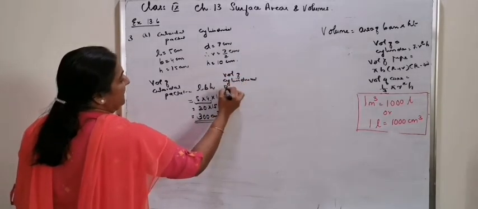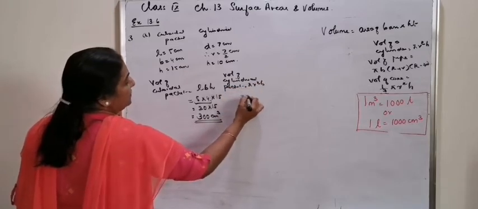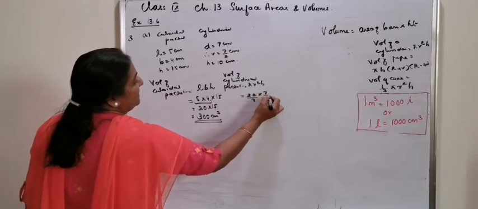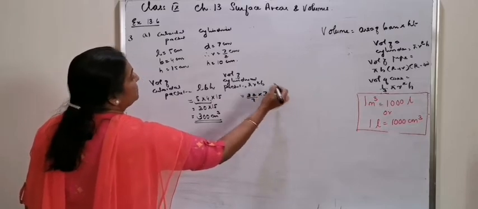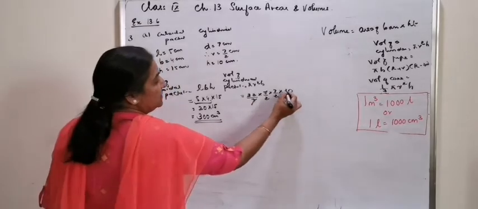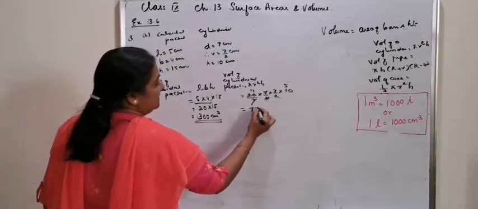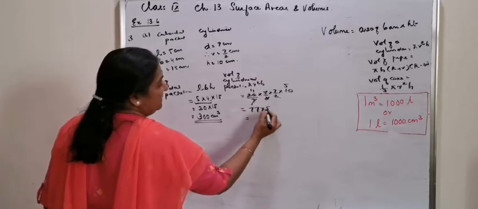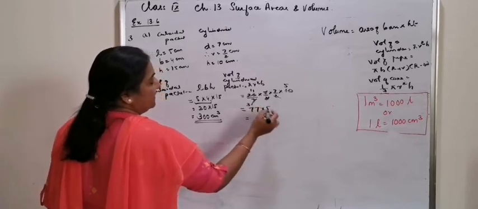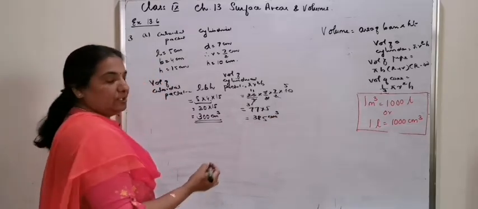The cylindrical packet is pi r square h. 22 by 7, 7 by 2, 7 by 2, and the height is 10. So 7 gets cancelled. This 2 and 5, 2 and 11. So it is 77 into 5. 7 5s are 35, 3. 35 plus 3, 385 centimeter cubed.